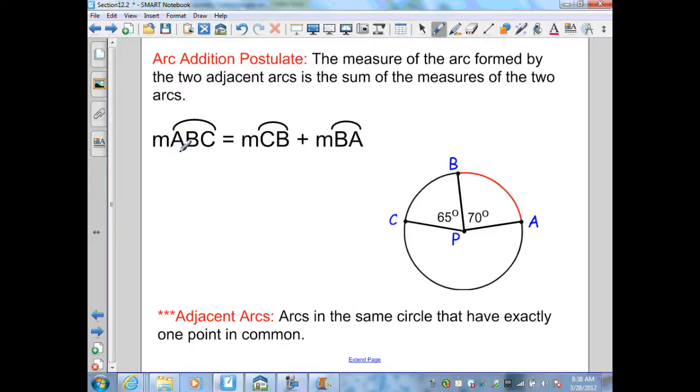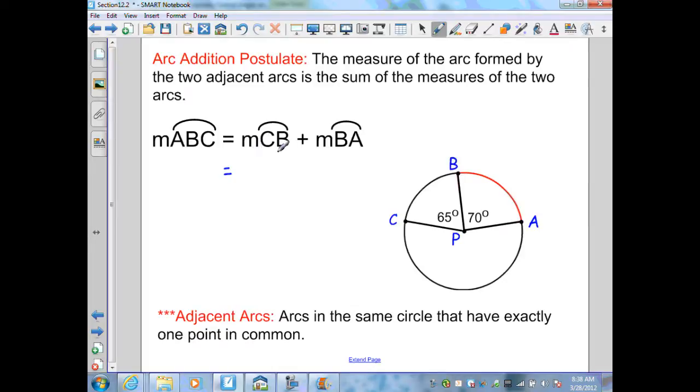The measure of arc ABC has to equal the measure of arc CB plus arc BA. To perform this, all I do is take the measure of the central angle, and I know that is equal to the measure of its intercepted arc.